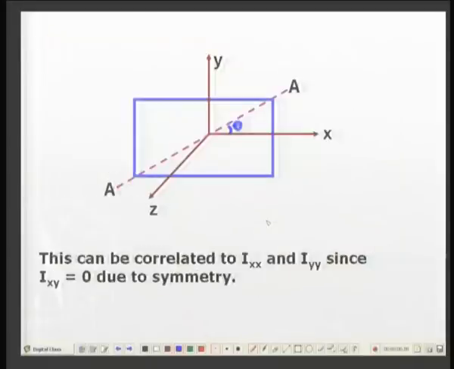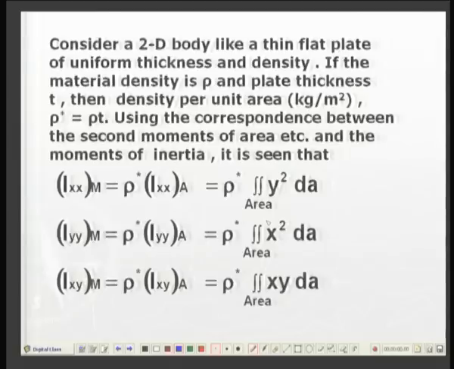As I said, in many applications this is needed. You may recall at this point that we did a similar exercise in the case of second moments of area and the product of area.